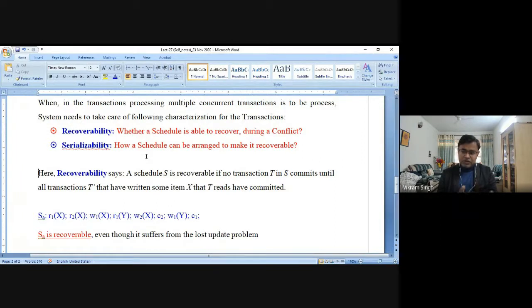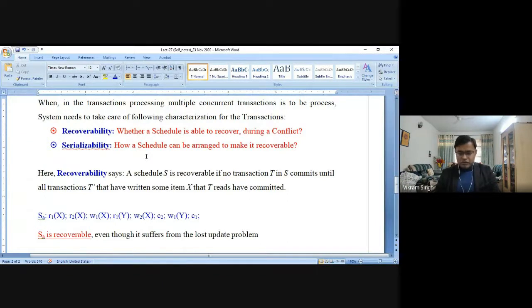Suppose there are two transactions T1 and T2, and T2 performs a write operation on X, and after that T1 reads this data item X. The operation which modifies the value of X should not be committed before all the remaining transactions that read it are committed.